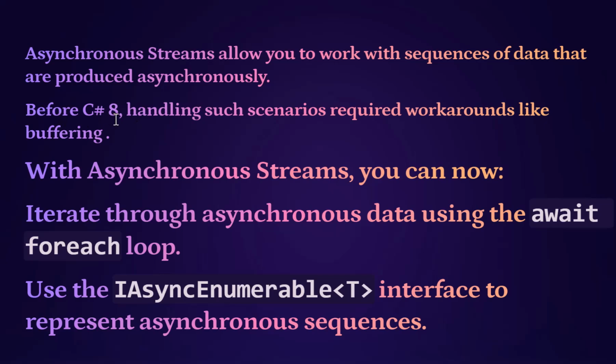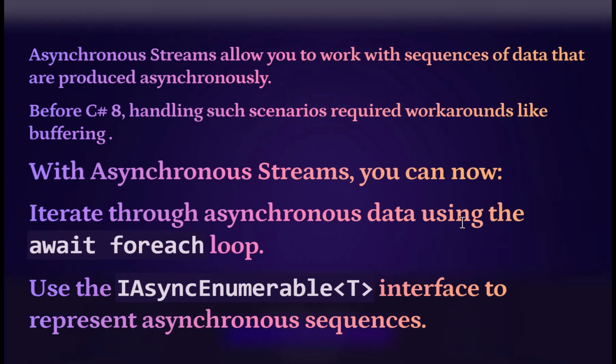Before C# 8, handling such a scenario required a workaround like buffering. But now with asynchronous streams, you can iterate through asynchronous data using the await foreach loop, or use the IAsyncEnumerable interface to represent an asynchronous sequence.